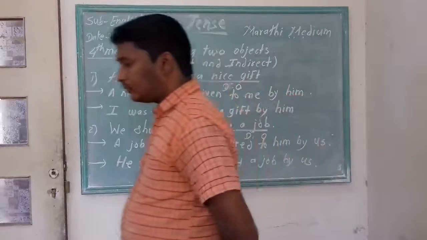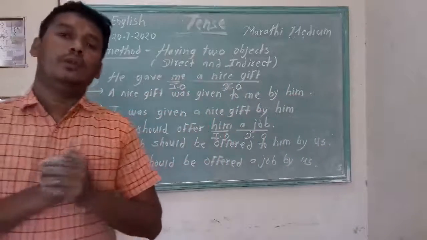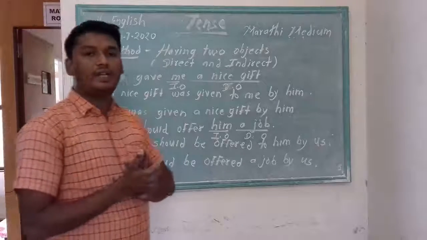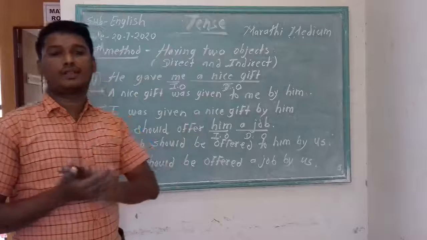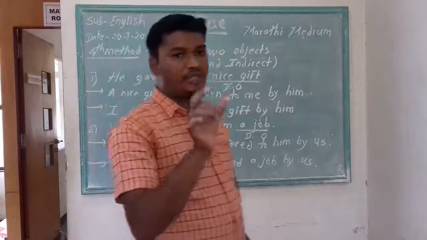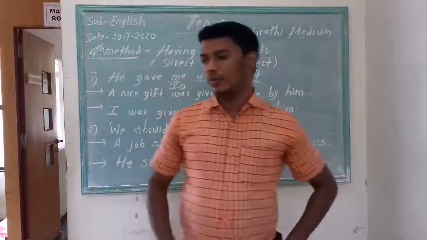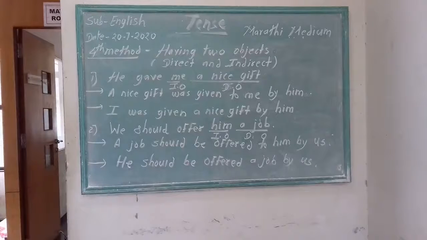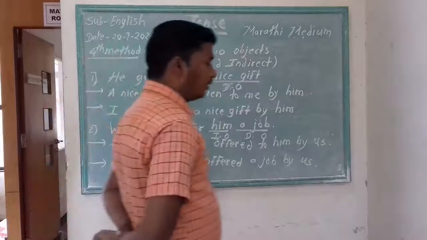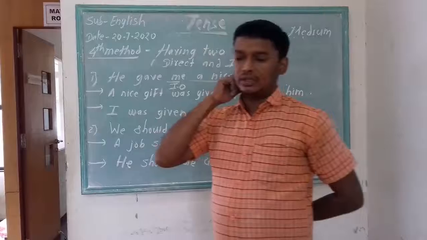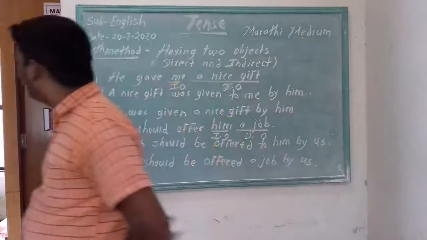Last rule: when we take the direct object as a subject in the passive voice, put the direct object and subject into single inverted commas. When we take the direct object as a subject in the passive voice, take the preposition to before the indirect object.